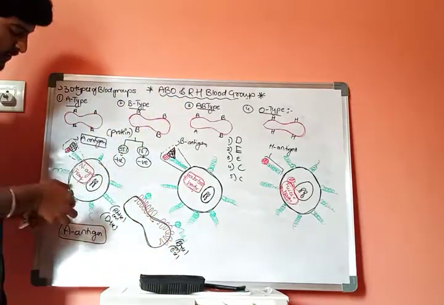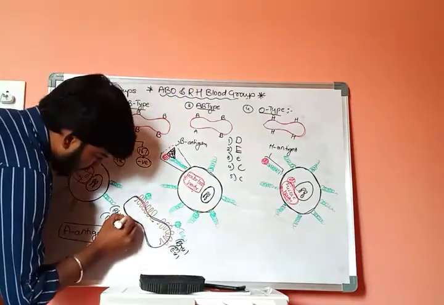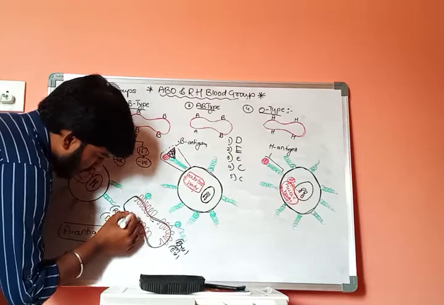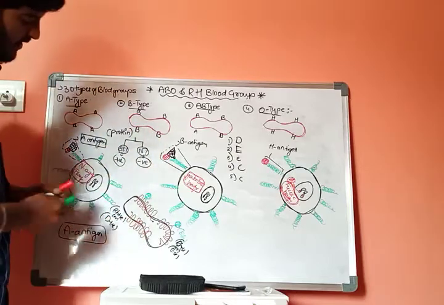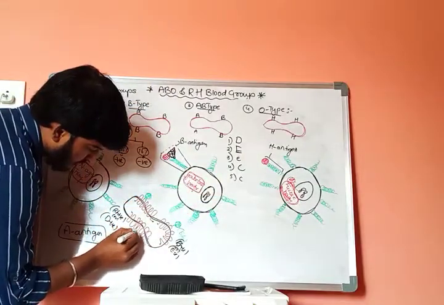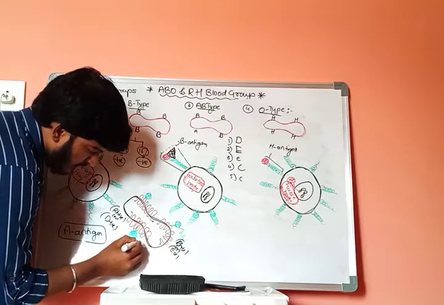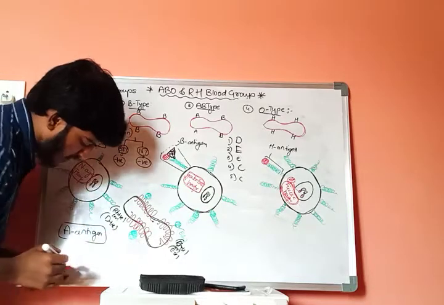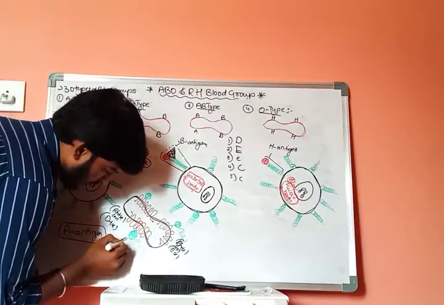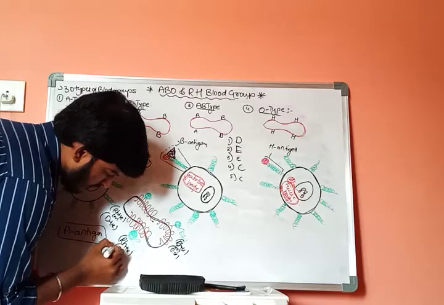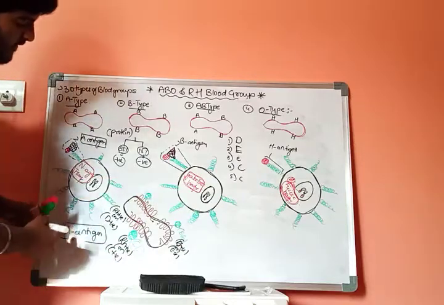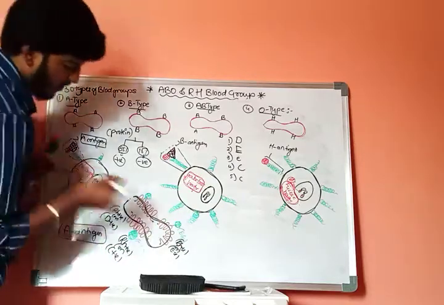Now in the third case, the surface of the RBC contains C type of proteins, capital C or small c, and it is called Rh positive or C positive. Out of these three, D positive is the most predominant.